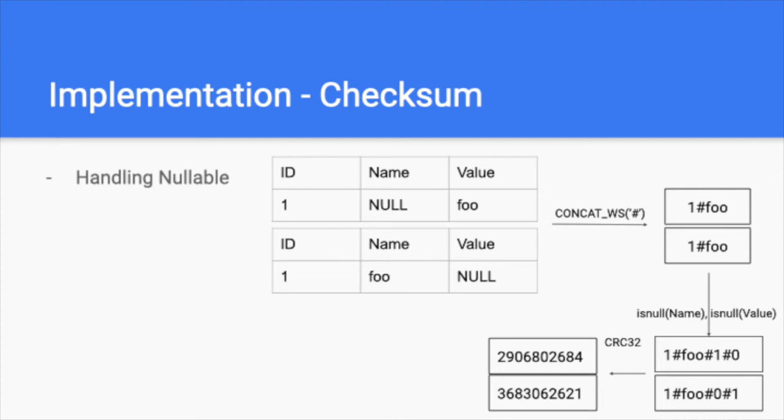You can see the 1, 0 on the top row indicates that the first nullable column was actually null, while the second column wasn't. On the opposite side, the second row tells us the first column is not null, and the second column is null. And obviously with the concat string being different, the checksum computed against it is also different.